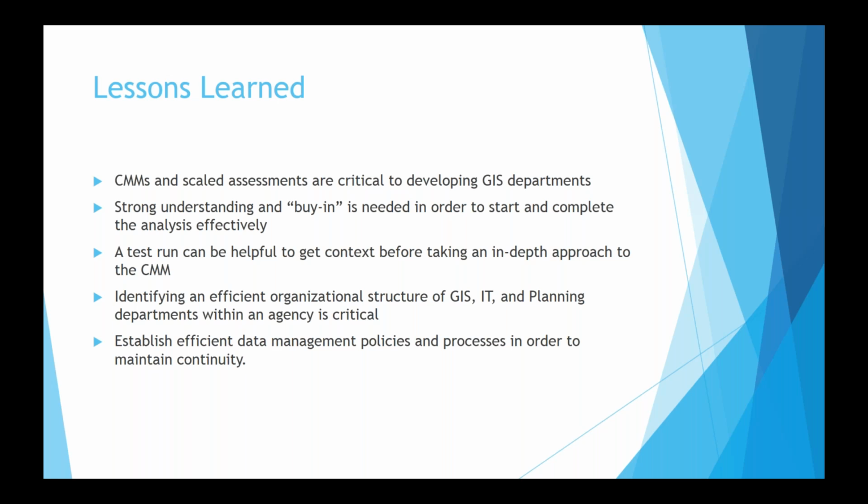And then, identifying an efficient structure for GIS, IT, or even planning departments, which often house a GIS component. It's critical to understand how these organizations are structured. And then some agencies have learned that establishing efficient data management policies and processes in order to maintain continuity was important.